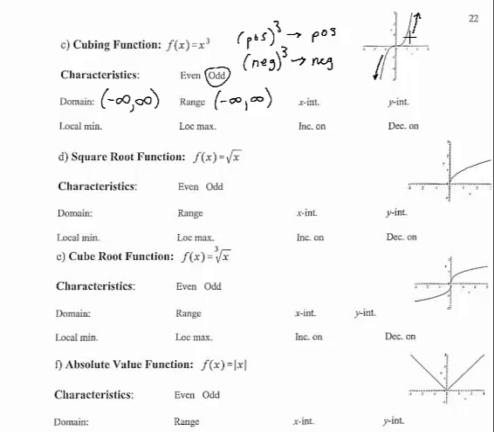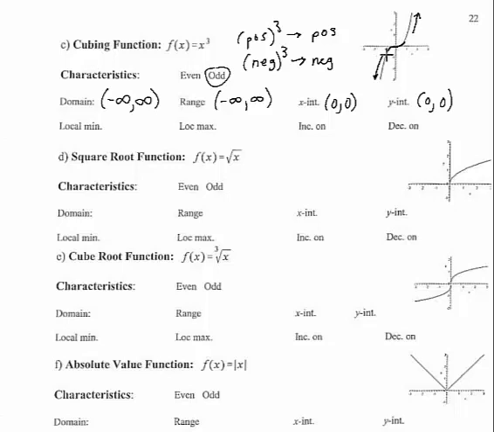X and y intercept. Well, this gets a little redundant. With the cubing function, we pass through the origin again. So both the x and the y intercept would be the origin for this specific case, x to the third. Local minimum, well, there isn't one. It may look like around the origin that it flattens out, maybe even goes back down, but if you look very closely, you should see that this curve, as it passes through the origin, always increases.